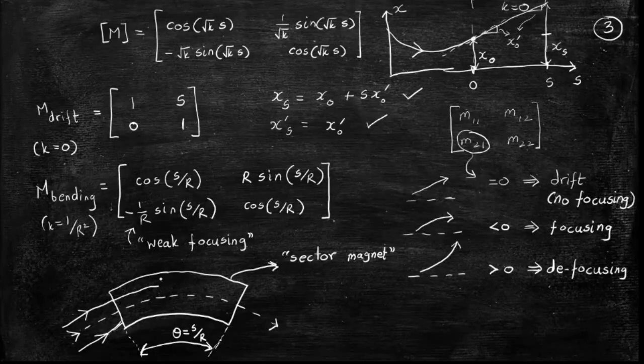Because its arc length is greater. If he travels a longer distance, he will get bent also more. Do you agree with that?